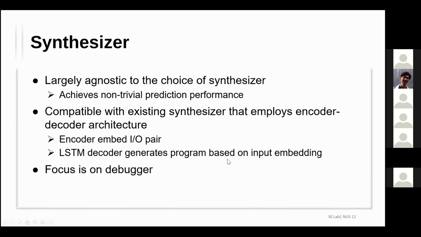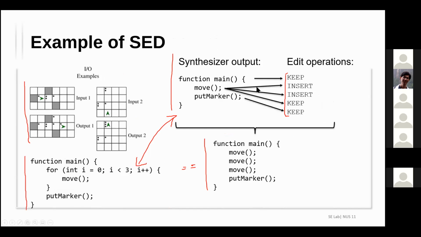If we head back to this slide, notice that when I insert a move function, it still remains. Let's look at it as if I have a pointer. Currently I'm pointing at this instruction. If it's keep, I'll move to the next instruction. Because it's insert, I'm staying at this instruction. Insert, I'll stay at this instruction. And after that, when I keep, I'll move to the next instruction.